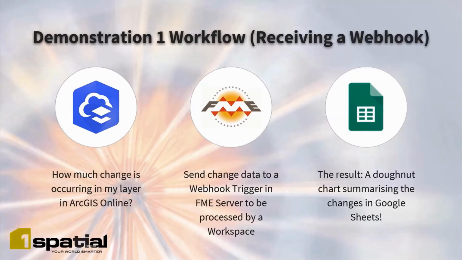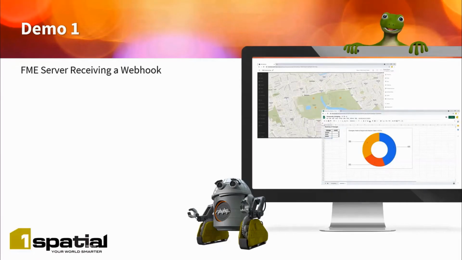The first demo then is going to show you how FME Server can receive a webhook from an application, ArcGIS Online in our case, process the data payload, and then update data in another application, Google Sheets. Right, let's demo FME Server receiving a webhook. Let's take a look at our hosted feature service in ArcGIS Online.